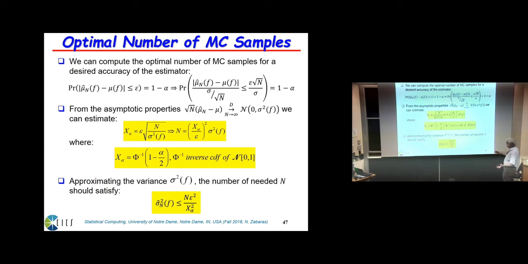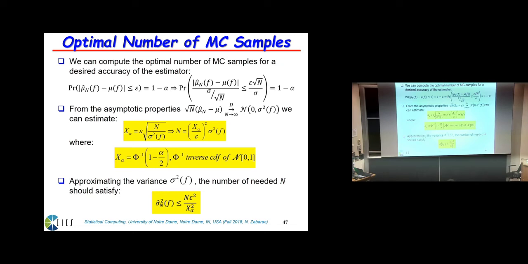And the other point I want to make here is that this sample variance depends on the number of samples. So we're asking, what is the number of samples for this probability to be 1 minus alpha, and then it comes out that the number of samples has to be greater than this times that, divided by that times this, and this sample variance involves n in it. So you have to do this iteratively.